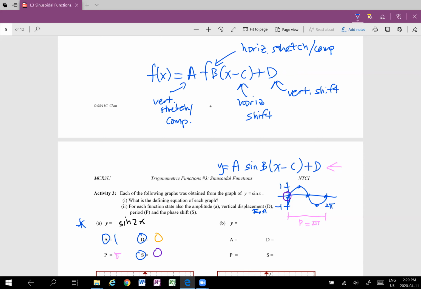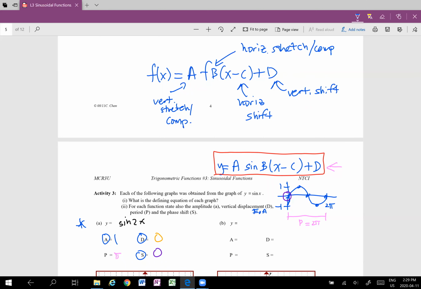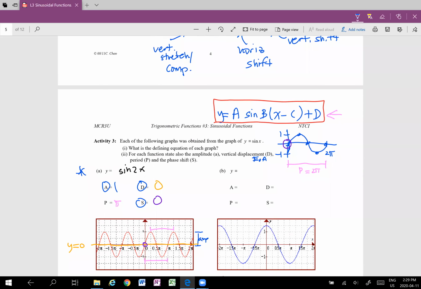And yet, down below, we're going to try to rewrite it this way. So I think some of you actually know the ugly way of doing this. And this first example, question A, might seem weird, but let's just write it out. So y equals 1. Amplitude is related to the vertical stretch.